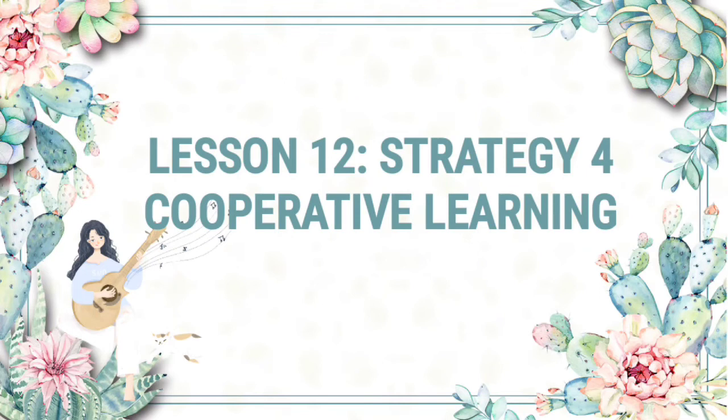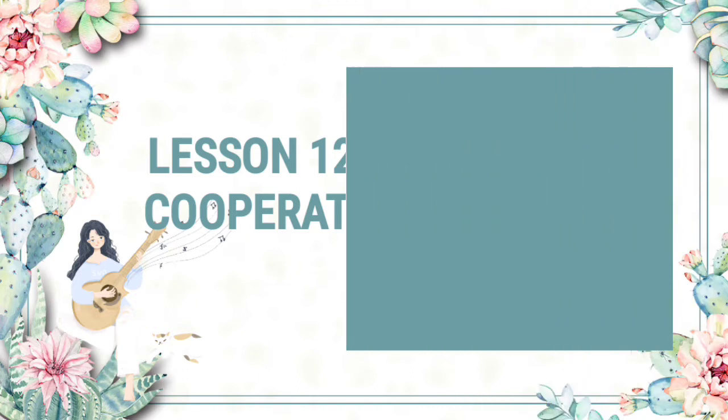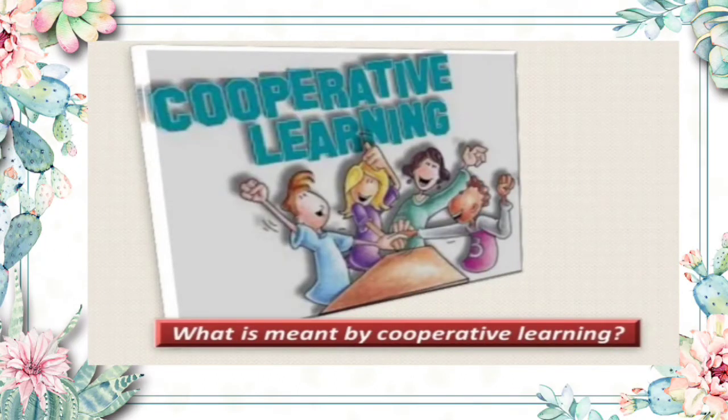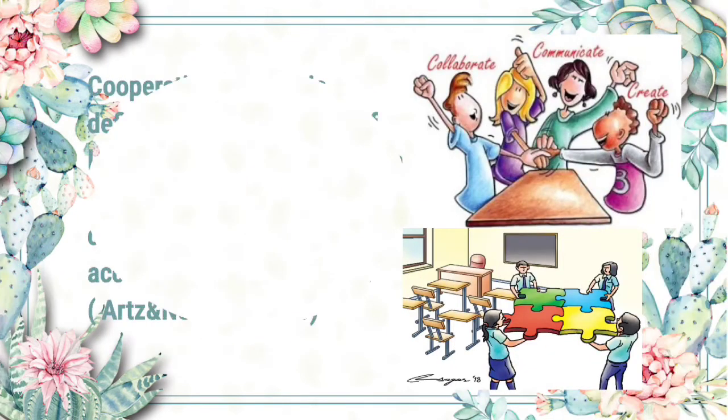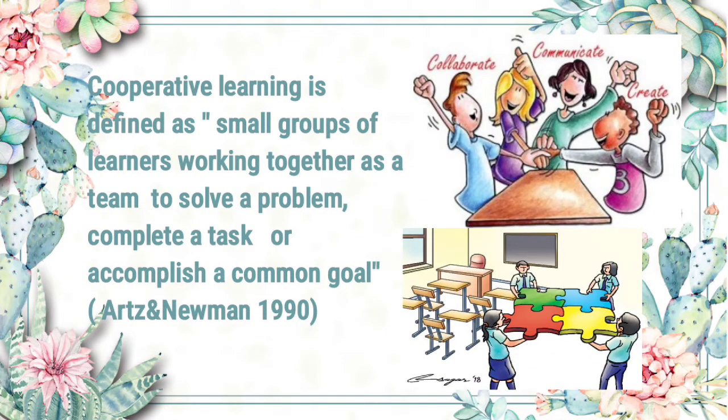This topic is all about strategy for cooperative learning. What is meant by cooperative learning? Cooperative learning is defined as small groups of learners working together as a team to solve a problem, complete a task, or accomplish a common goal.